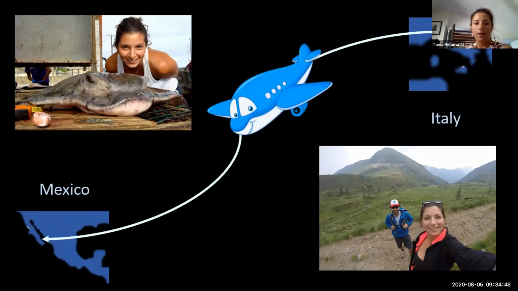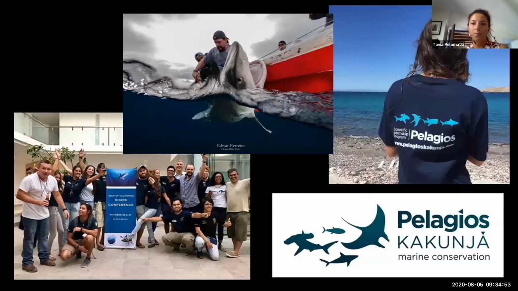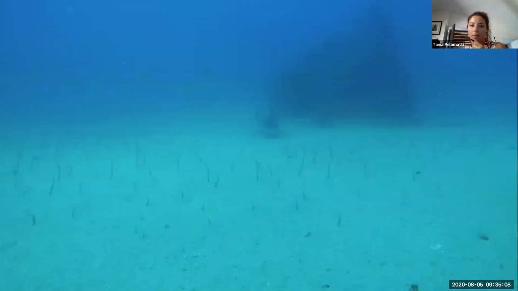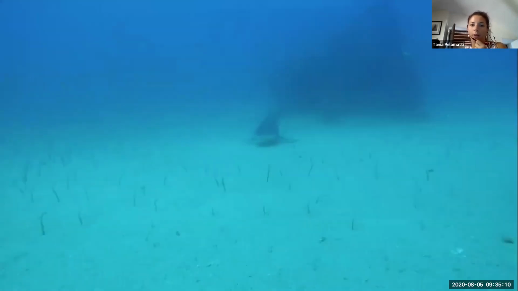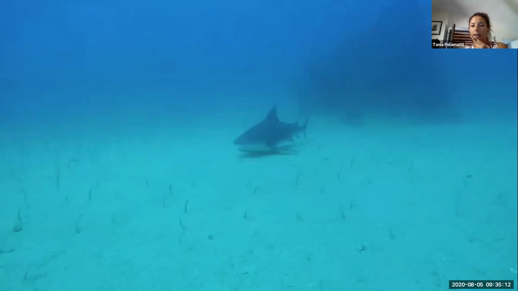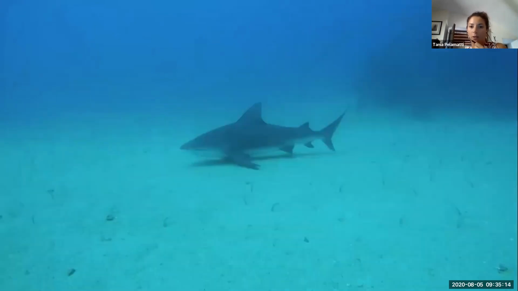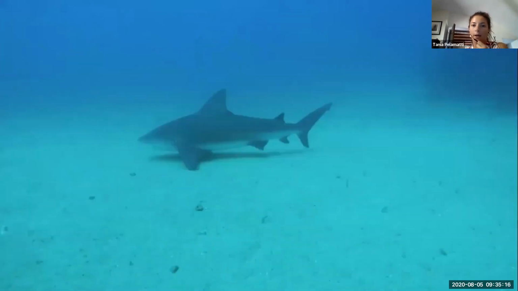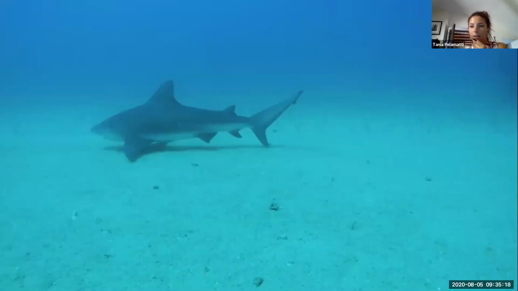In the Pacific side of Mexico, I've been collaborating with this NGO, Pelagios Kakunjá, that is dedicated to the conservation of sharks and rays in Mexican waters. During these periods, I've been able to work with sharks and rays. Here you can see we have been doing some monitoring of sharks in marine protected areas.